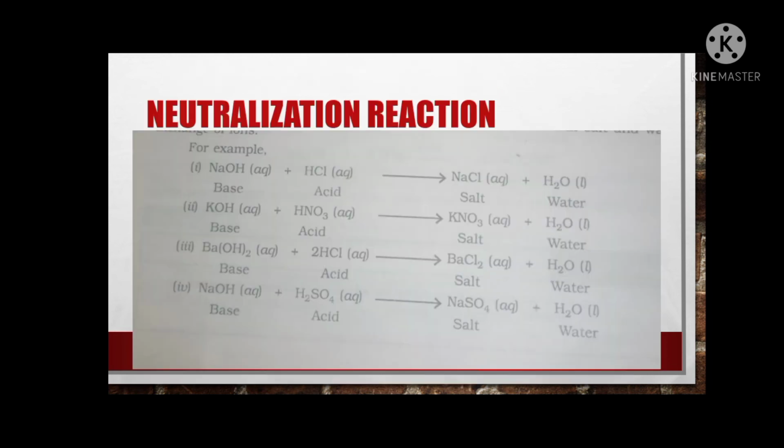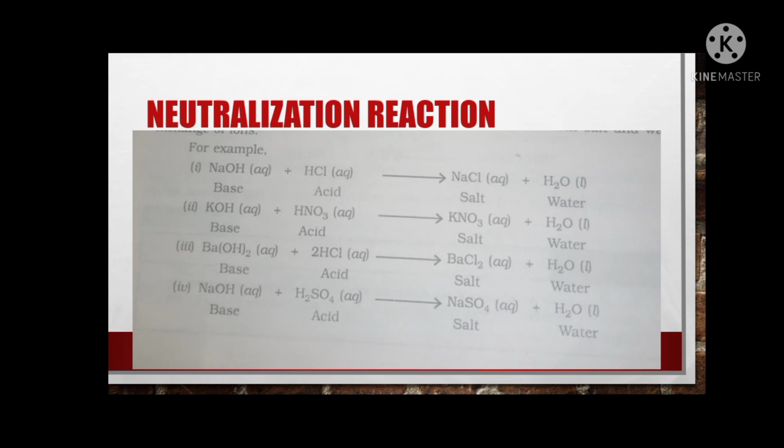In the other type of double displacement reaction, that is neutralization reaction, which you will study in detail in the next chapter, that is the acid, base and salt chapter. Anyhow, I'll give you one example: sodium hydroxide is a base.